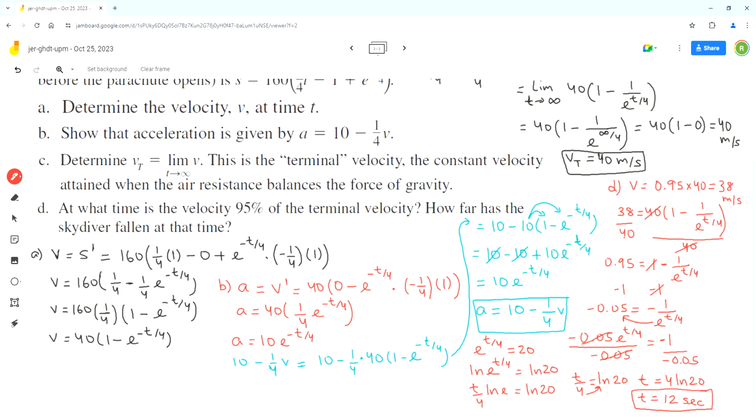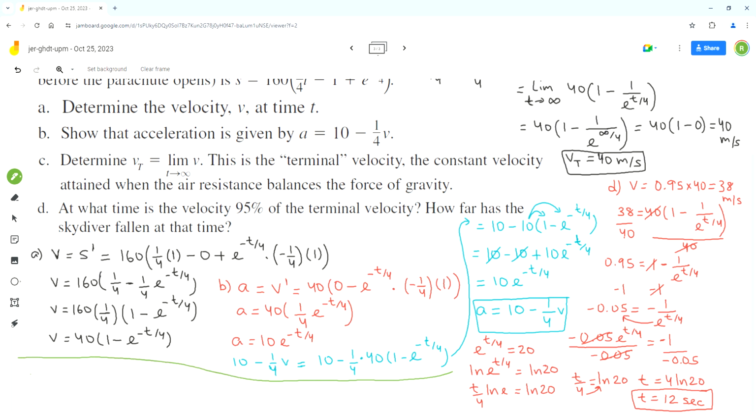Now in part D, we also have to find how far the skydiver has fallen at that time. So that means now we have to sub in t as 12 in the given distance function and solve for s. So we can do the calculation here at the bottom. I can use a different color here.